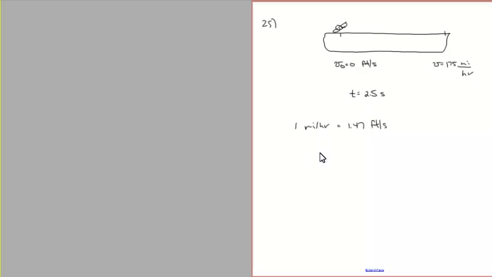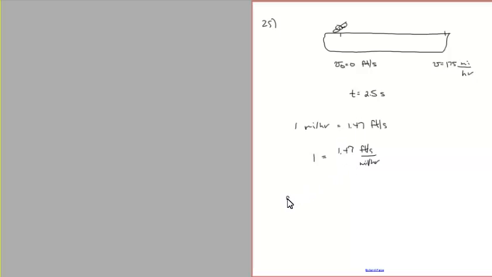Or, if you just want to have a number, if we divide by miles per hour, 1.47 feet per second per mile per hour. So if I divide by this on both sides, I get 1 on the left-hand side. So that's a dimensionless number.